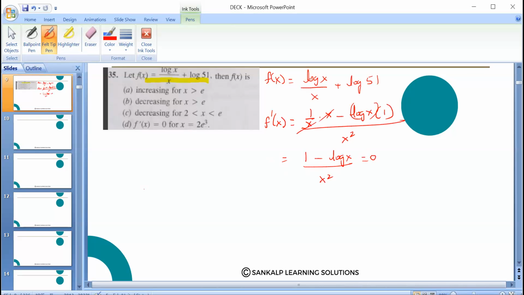Make it equal to 0. 1 minus log x equal to 0. Log x equal to 1, x equal to e. On the number line, take the turning point x equal to e from minus infinity to plus infinity.